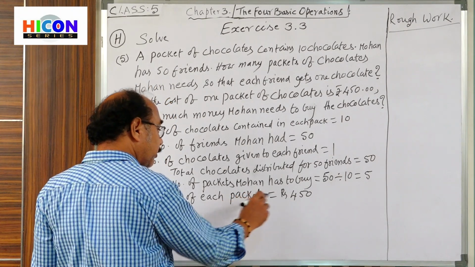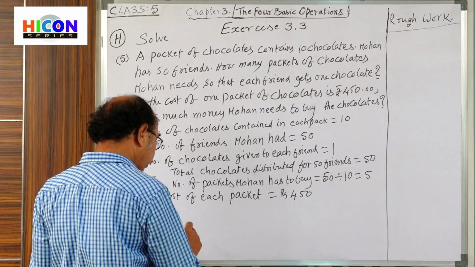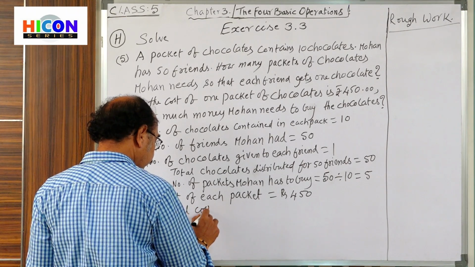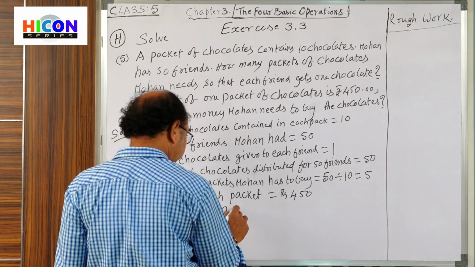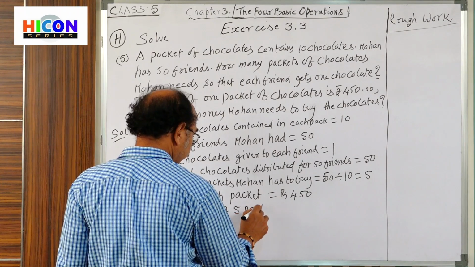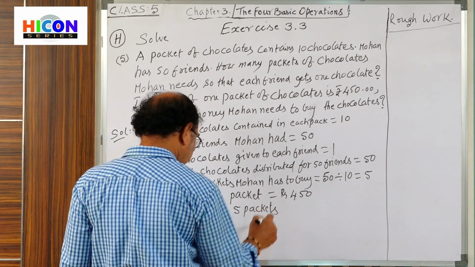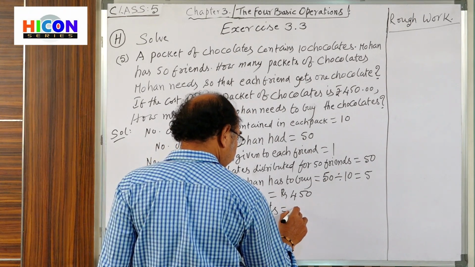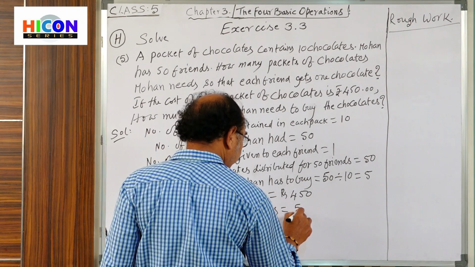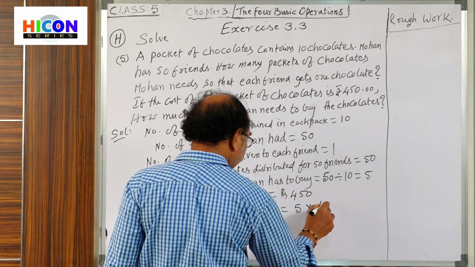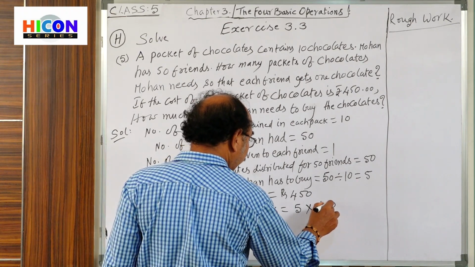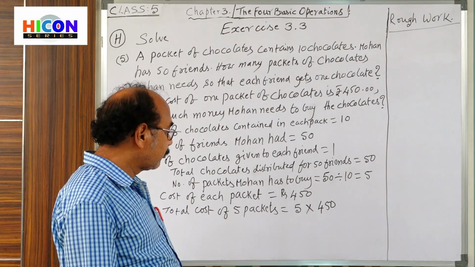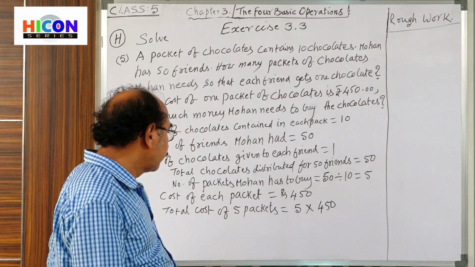So, total cost of 5 packets is equal to 5 into 450. 5 packets, each packet 450.